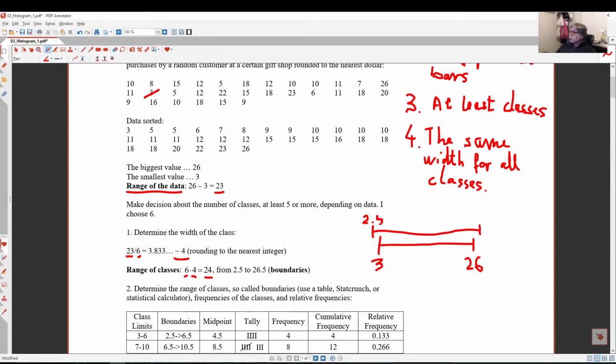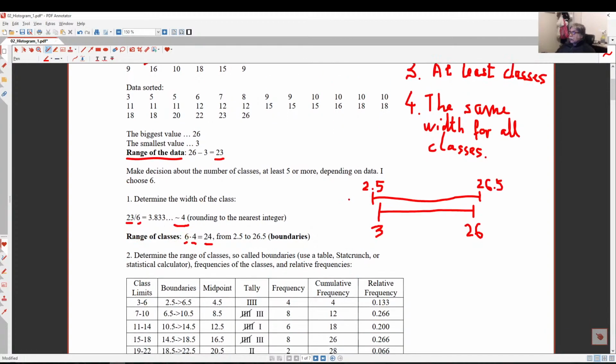That would be a range of the histogram, which is 24. It is a good idea to have boundaries that would contain no item from the sample. 2.5 is nowhere in this sample, so 0.5 is a good idea to use, but that will depend on the data.